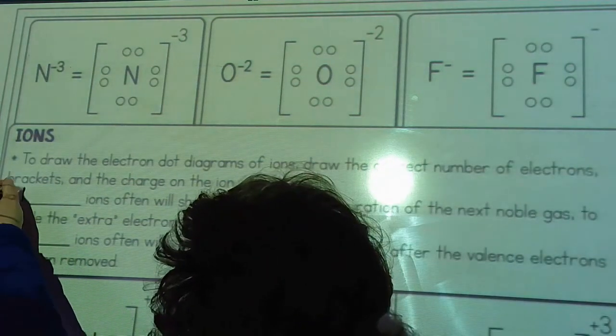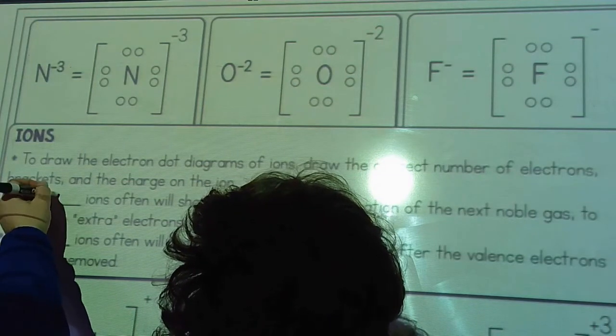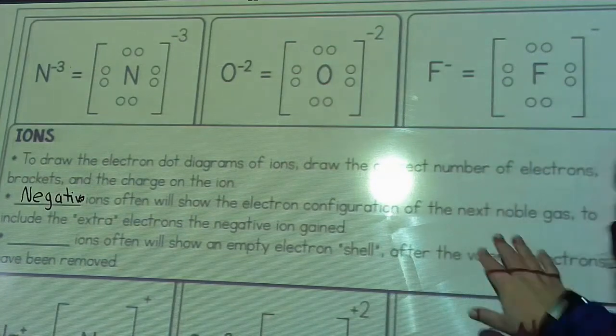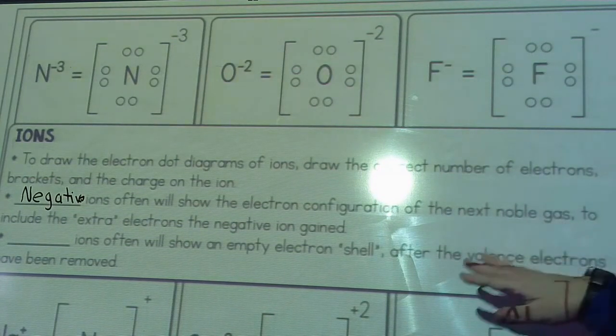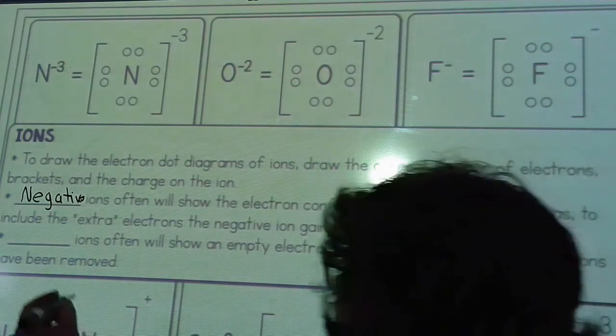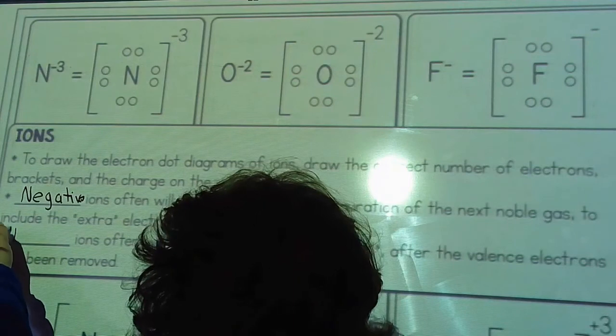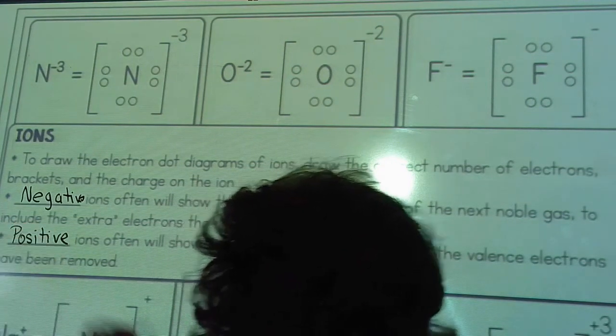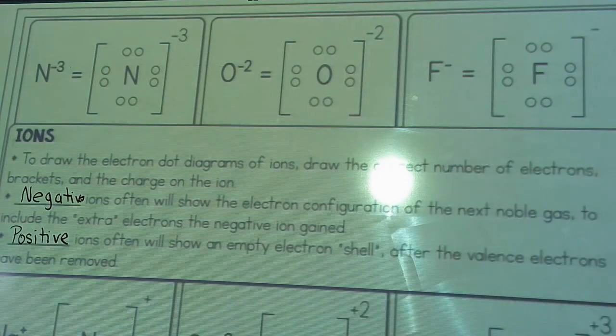Negative ions often will show the electron configuration of the next noble gas, including those extra electrons. Positive ions often show an empty shell, because remember they have lost the electrons from that shell. So they might sometimes show that it is empty.